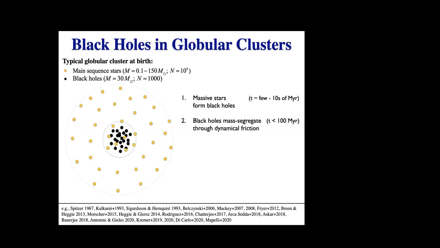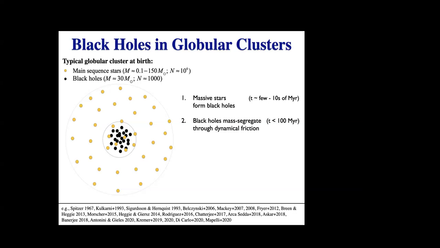And then these black holes that form are much more massive than the stars that are found in the cluster. As a result, because the black holes are significantly more massive, they're very quickly going to sink through mass segregation. And mass segregation is a very well understood process that operates as a consequence of dynamical friction, which is known to be efficient in any sufficiently dense stellar population.